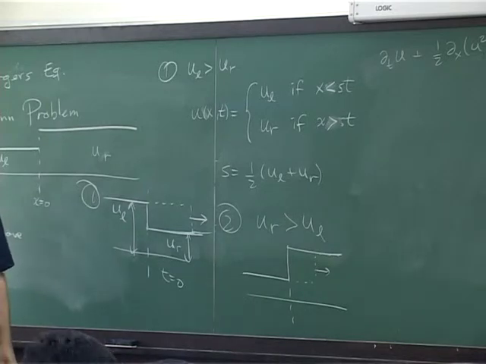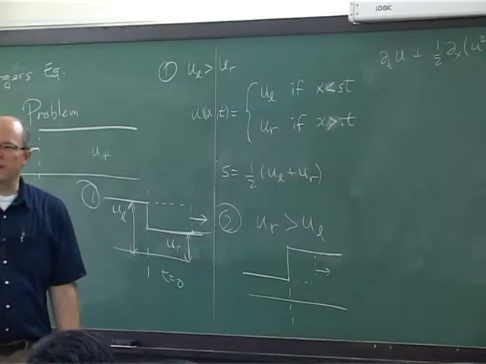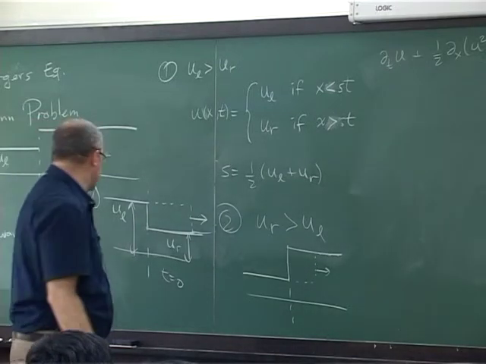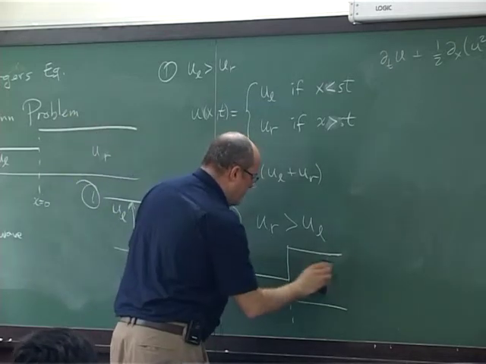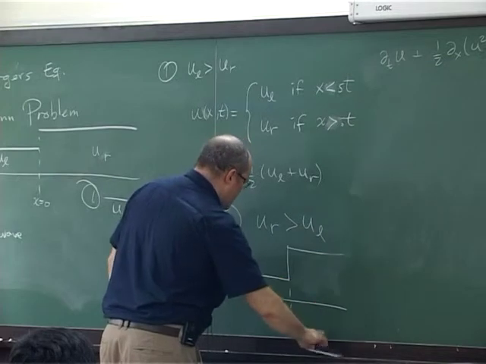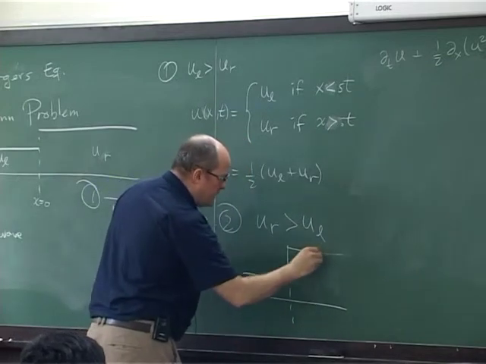Turns out that that solution is unstable to perturbations. Okay? It also, if it were a fluid, would violate entropy. I'll show you that in a moment. But there is a different solution that is stable, and that's the one that we're interested in, which is called a rarefaction.